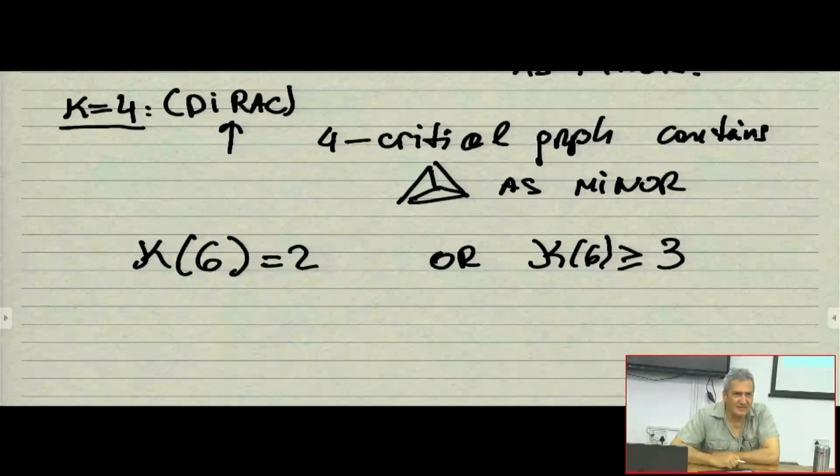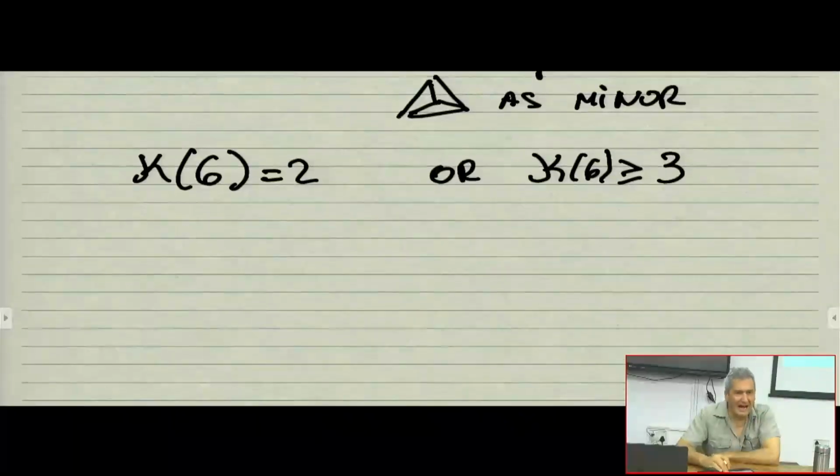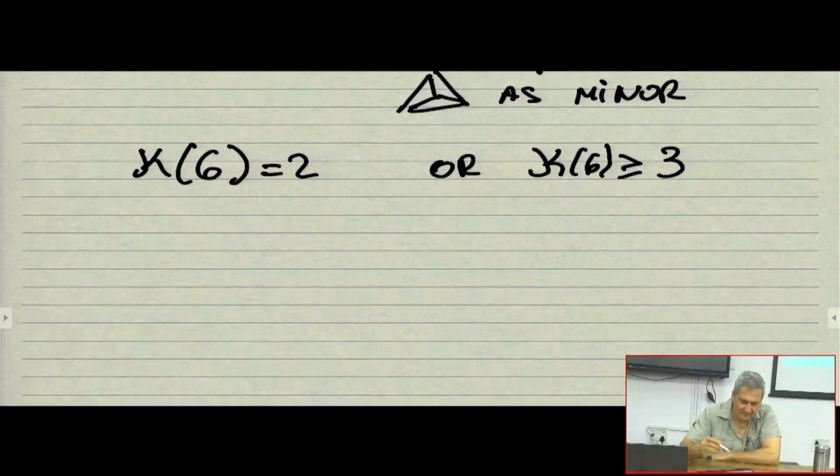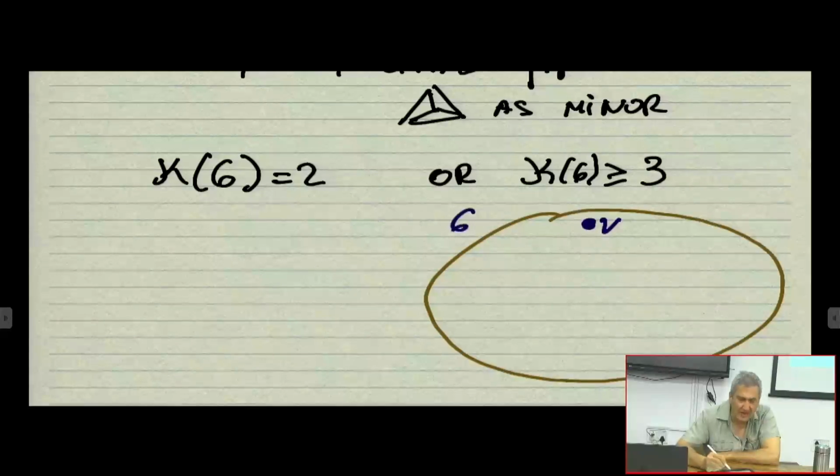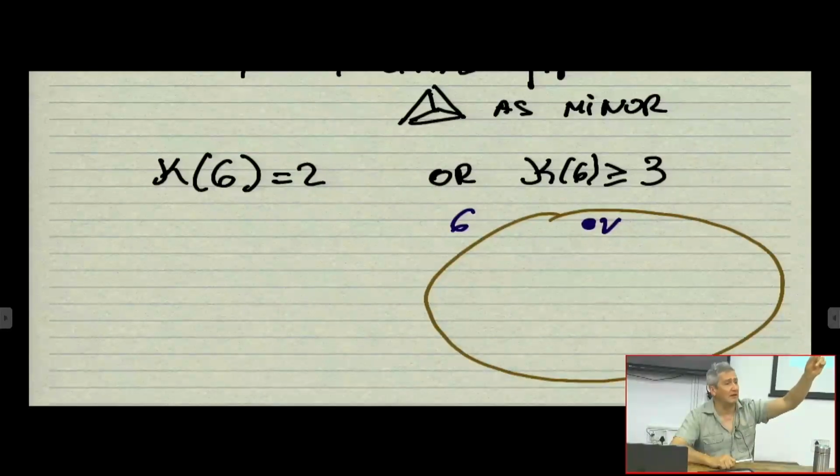Connectivity at least 3 is easier. This is our graph. We take an arbitrary vertex v in G, and we remove this vertex. If the graph is 3-critical, 4-critical, 5-critical, when we remove one vertex, what will happen with the chromatic number? If it was 3, it will drop to 2 or stay 3, but it will drop by at most 1.